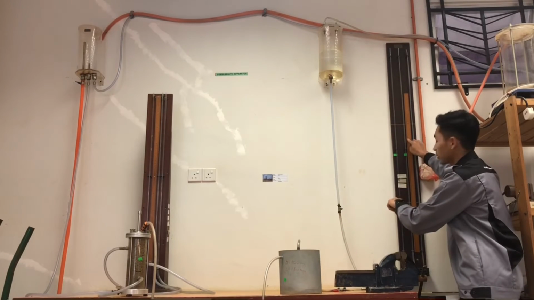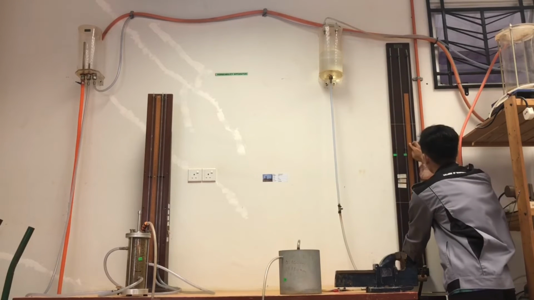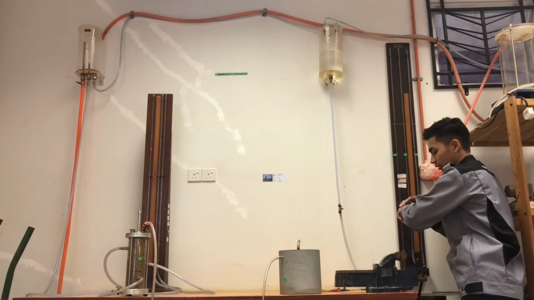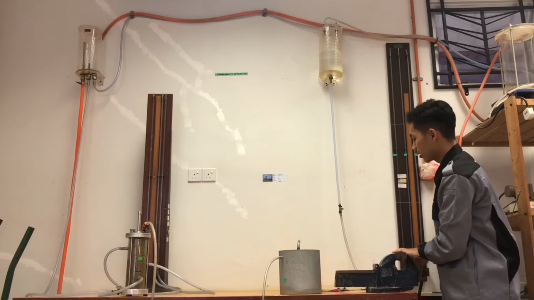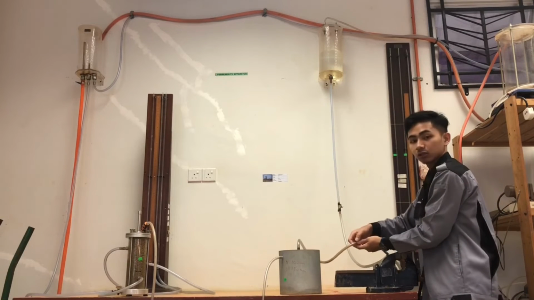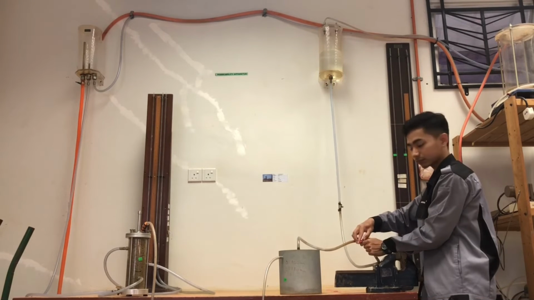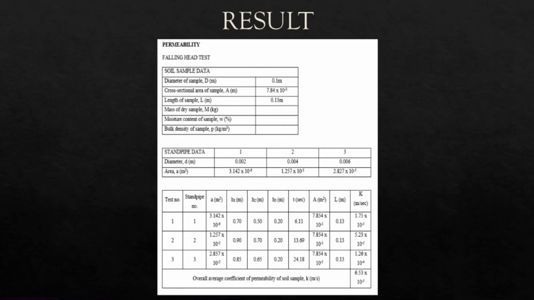And then record the time when the water level decreases, and stop the stopwatch when the water level decreases to H1. For the second standpipe and third standpipe, we repeat the same steps as for the first standpipe. As you can see, this is the result that I got from my experiment.